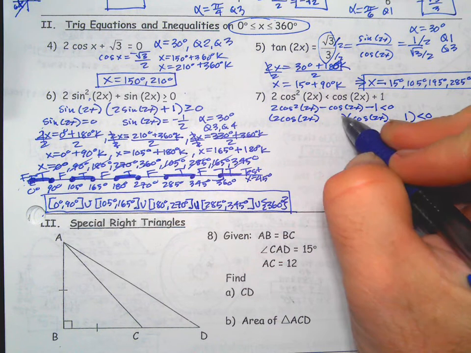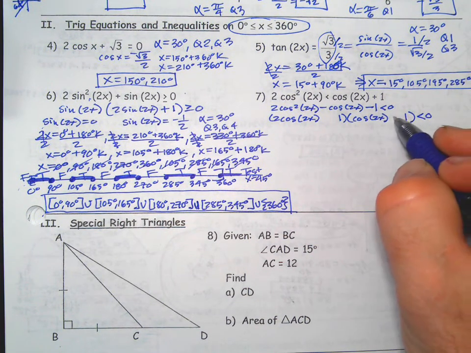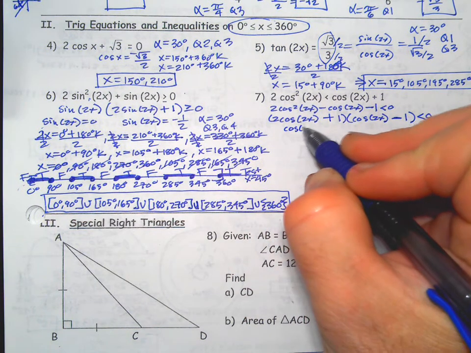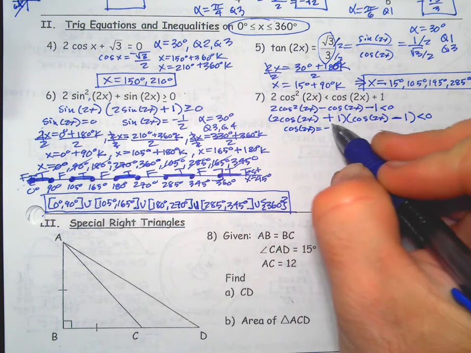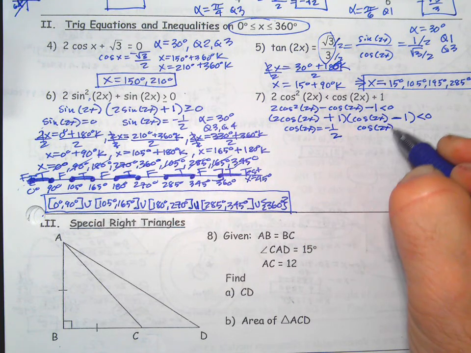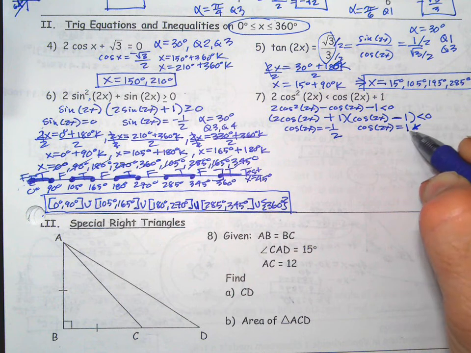Definitely 1 and 1. One of them's negative, one's positive. We want negative 1 in the middle, so this one's got to be negative and this one's positive. So cosine 2x equals negative 1/2, and cosine 2x equals 1.